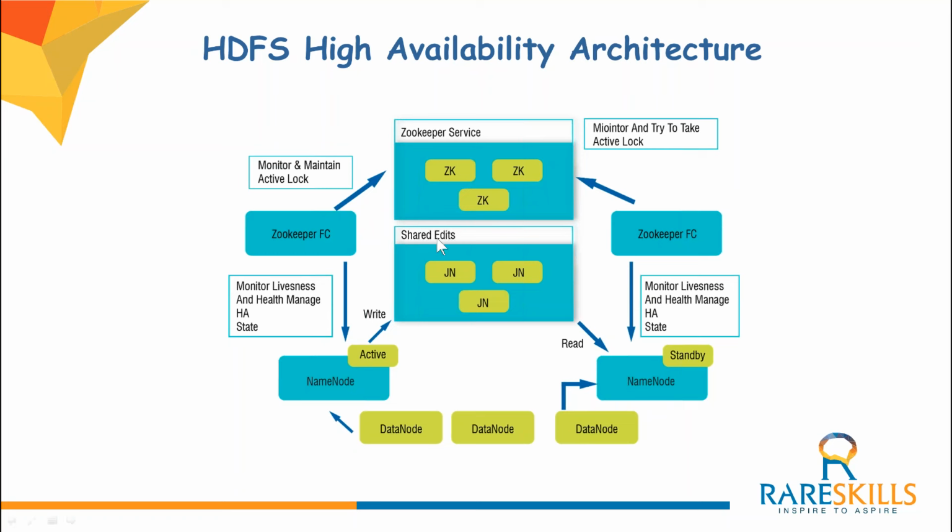This is the entire high availability architecture. We will cover more information about the ZooKeeper services, what kind of information it stores, as well as the journal nodes and how you will build those nodes, in the detailed session.